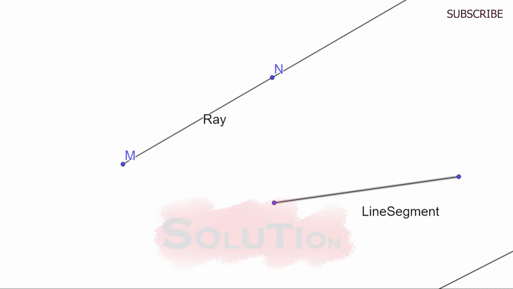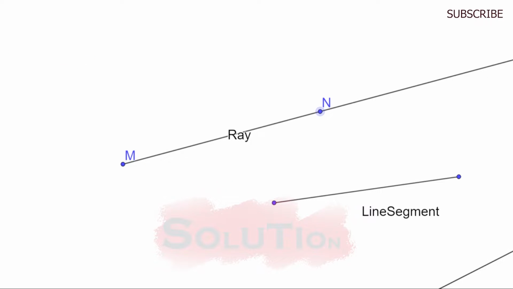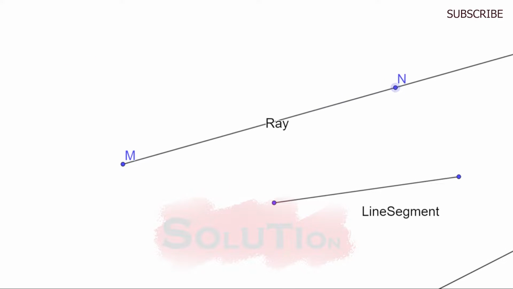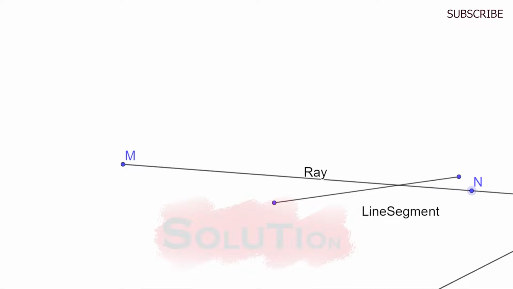In a ray, what happens? One point is fixed. From that one point, the line is moving and going in another direction. You can see from point M the line is coming out, and N is another point, and the line is going.